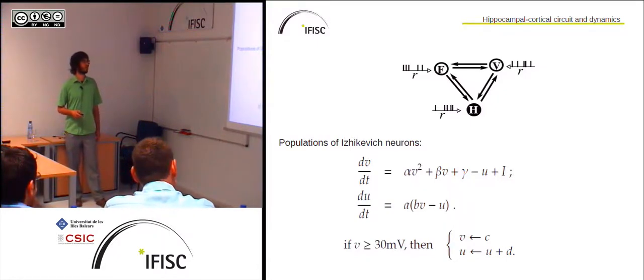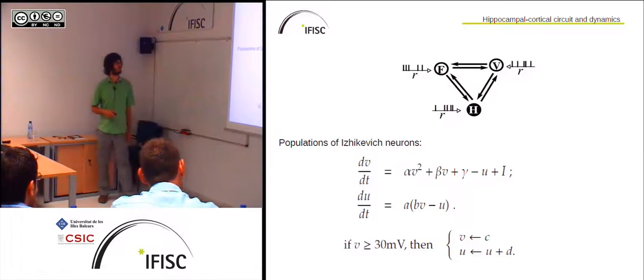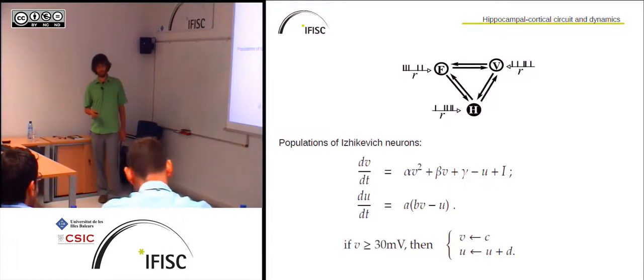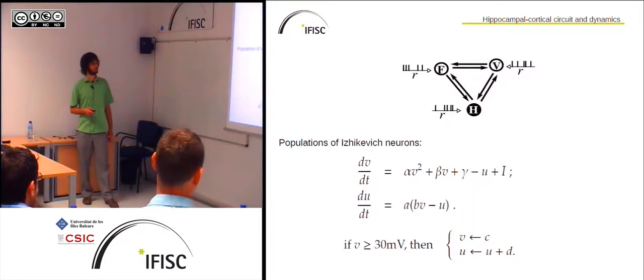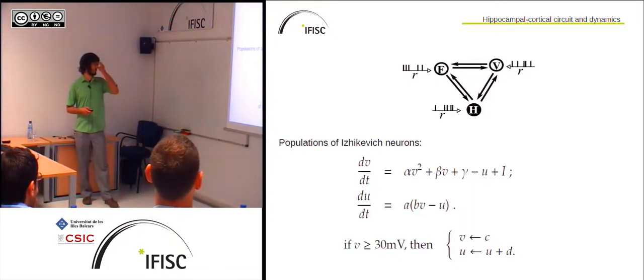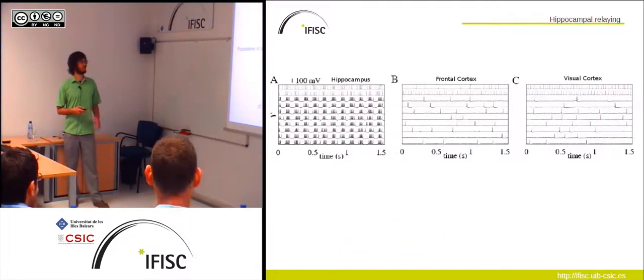We needed a more flexible model, so we used the Izhikevich model, which has two equations. It's fast to simulate, and it has one advantage: it does not show only regular spikes, but it also shows bursts.